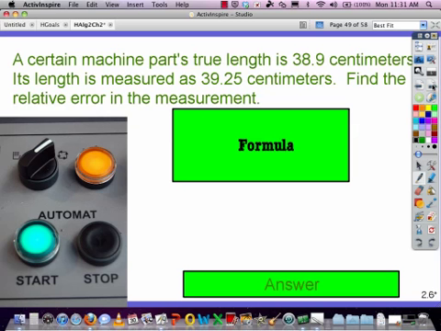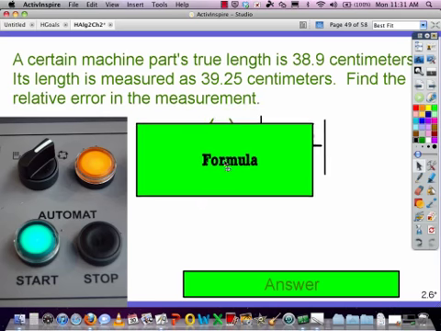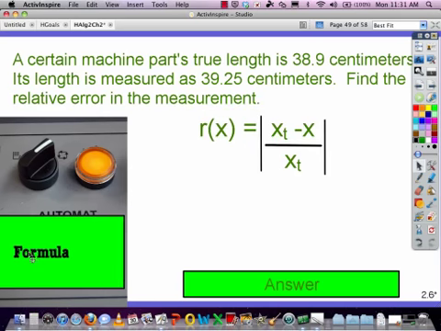So knowing that, we would go back to, if we don't have it memorized, the formula we're supposed to be looking at for this one, and that would be the relative error. And we would put in the values given and find the relative measure. So here we go. If we set a certain part's true length, so that's the x of t, that's 38.9.